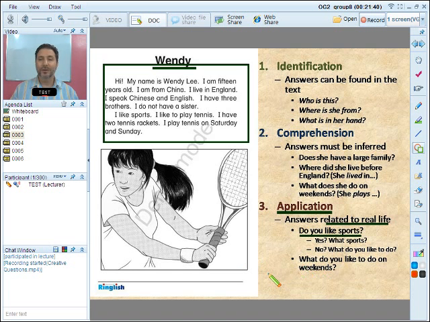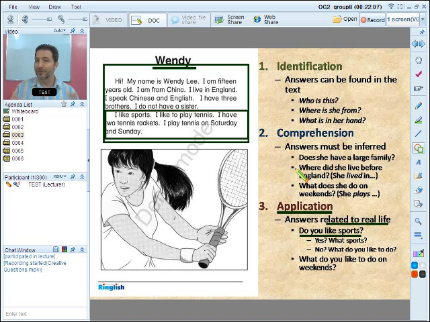You could also ask them, what do you like to do on weekends? Because you've already established a kind of pattern in your questions, especially in the comprehension questions. They learned about, maybe you had a little opportunity to talk about present simple as relating to general truths or habits or things that regularly occur.